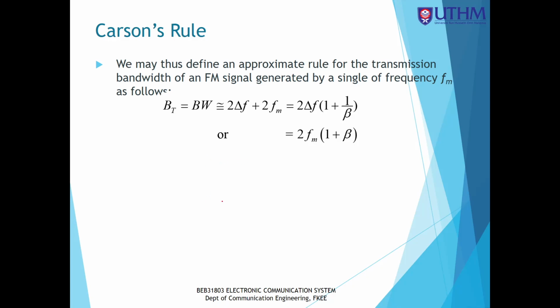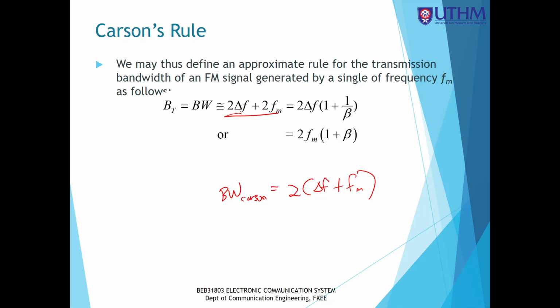So we write it like this: bandwidth Carson is equal to 2 times delta F plus Fm. So bandwidth by Carson, you don't need to use the Bessel table to find the bandwidth. You can just use your calculator.